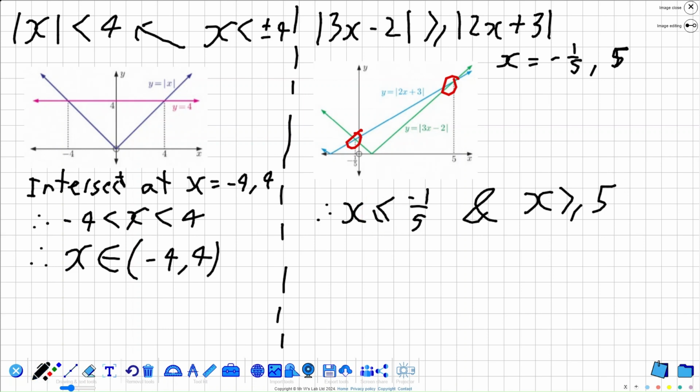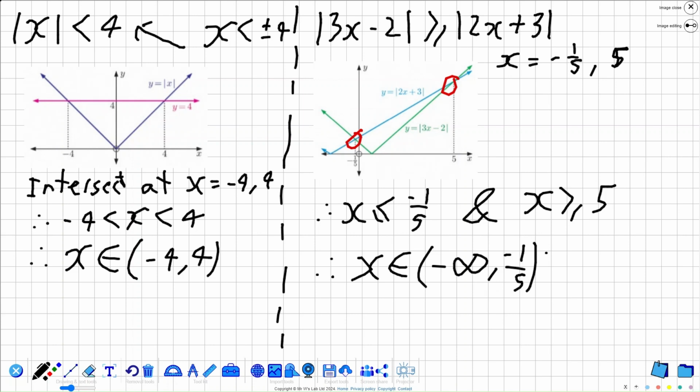And so x belongs to, we're going to have two parts here. We're going to have negative infinity, and the reason for that is it goes this way, so x is going to continue negative for infinity distance, up to this point of -1/5.